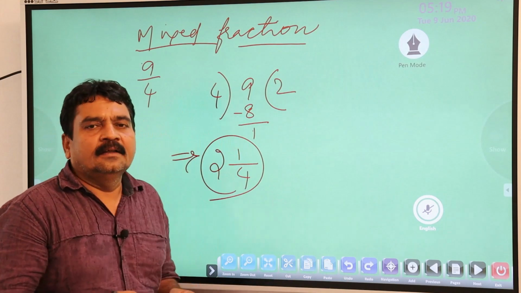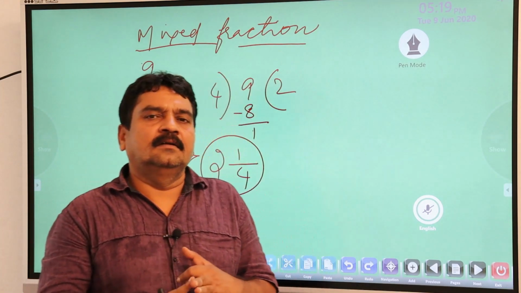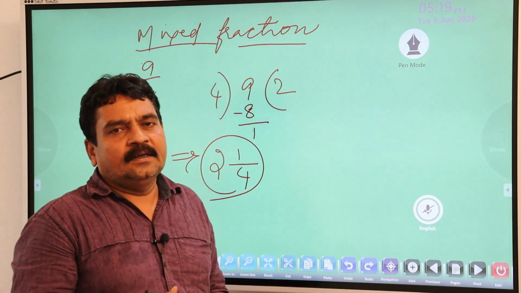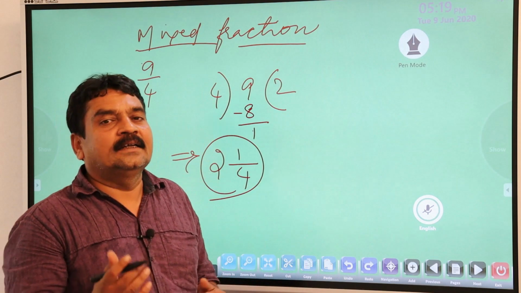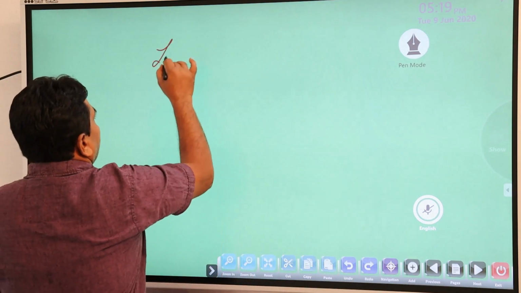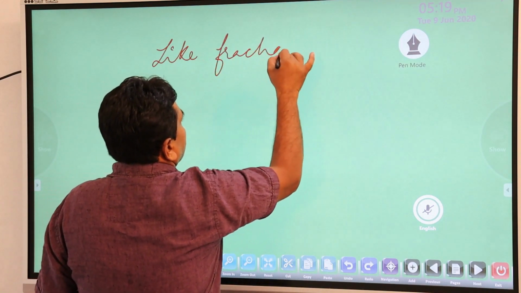So we have learned what a proper fraction is, what an improper fraction is, then mixed fraction. The next topic, what is that? Like fractions.